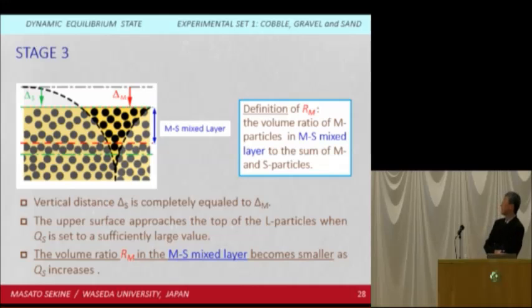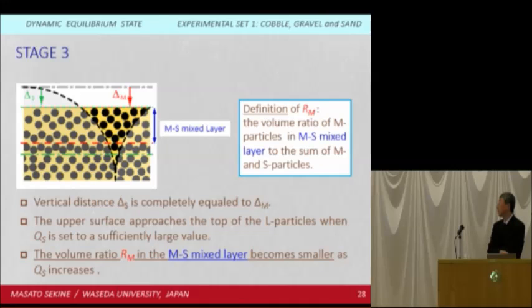At stage 3, the vertical distance delta S is also completely equal to delta M. The upper surface approaches the top of L particles when Qs is set to a sufficiently large value.